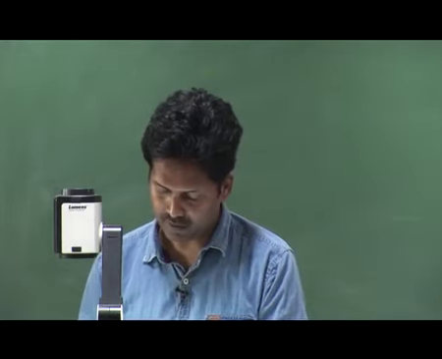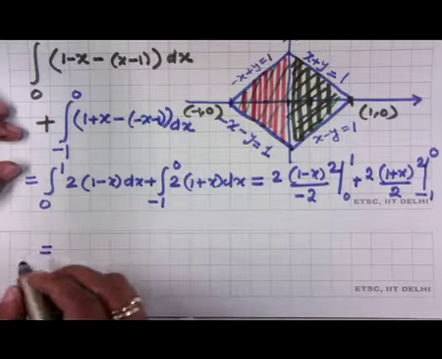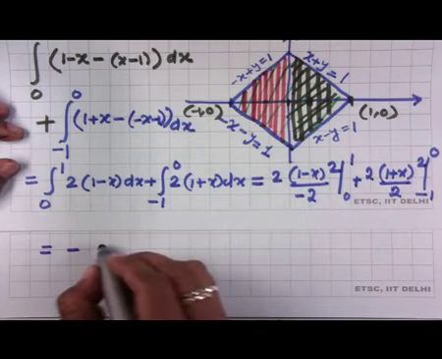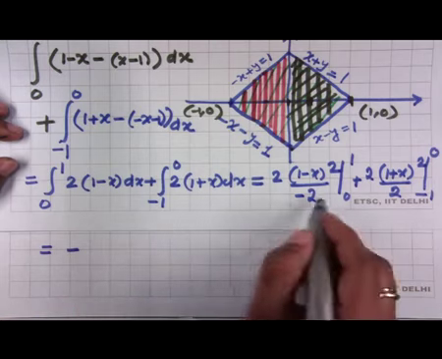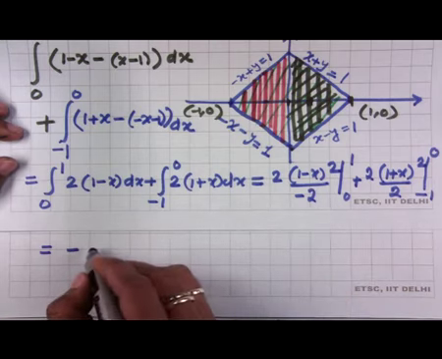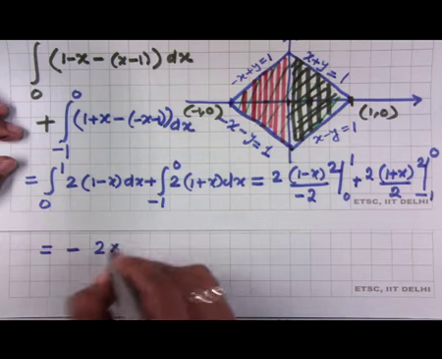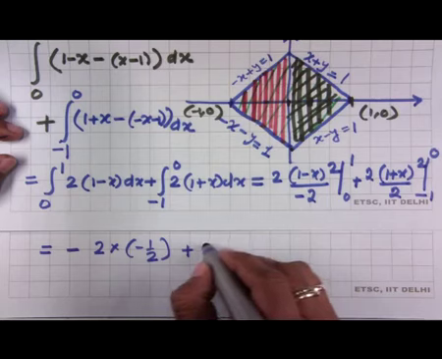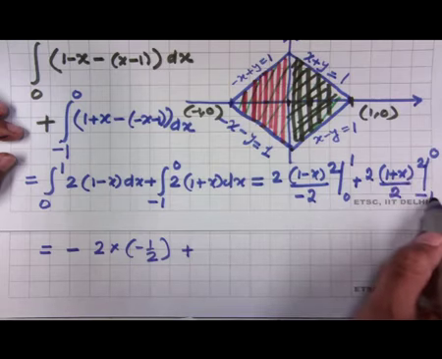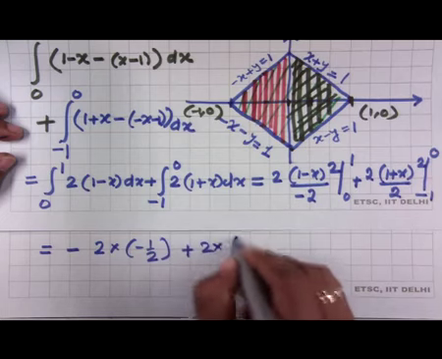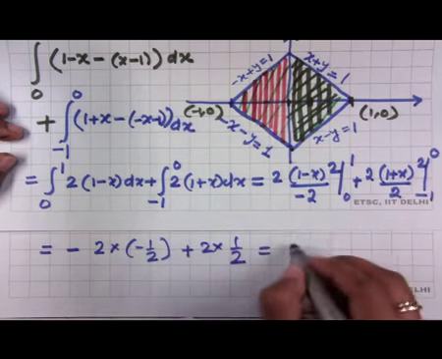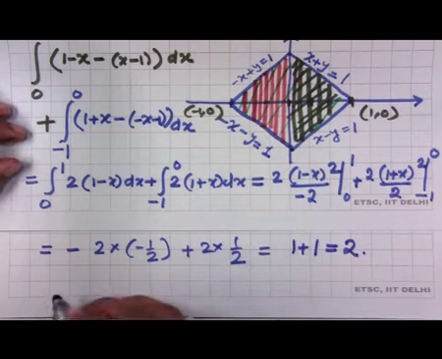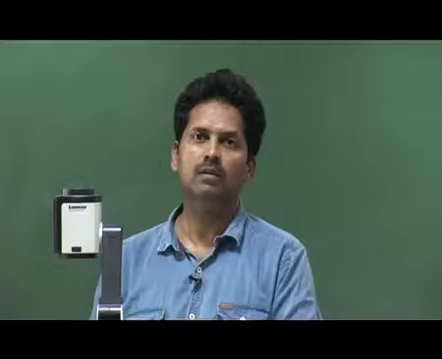By putting the limits, for the upper limit this value is 0, then minus the lower limit will give you 2 into minus half, plus the upper limit again will give you a value, the lower limit will give you 0. So, we get 2 into half again. So, we get 1 plus 1, which is equal to 2. So, the total required area is 2.